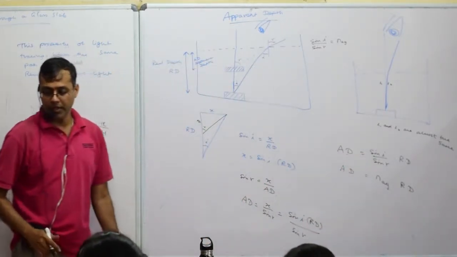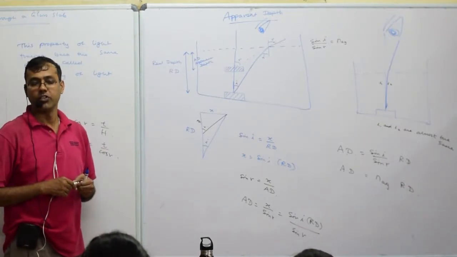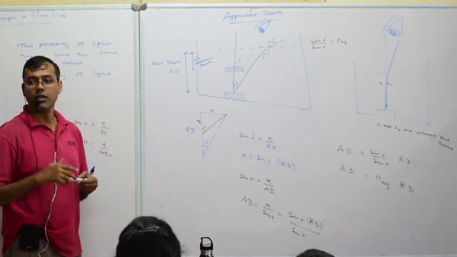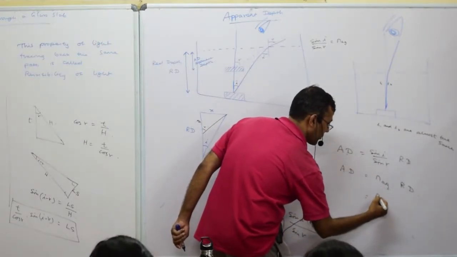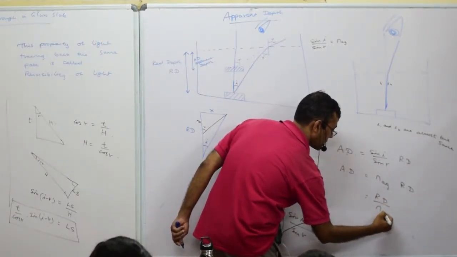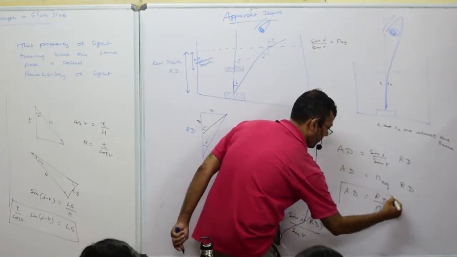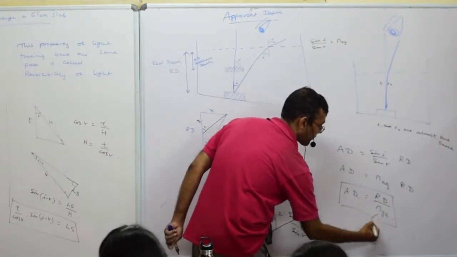But generally speaking, I know the refractive index of water, it's a constant, which means it is NGA, not NAG. That means it will be a reciprocal. So I can write this as RD divided by NGA. The refractive index of water is something like 1.33.